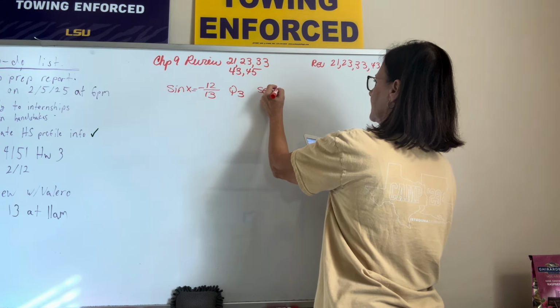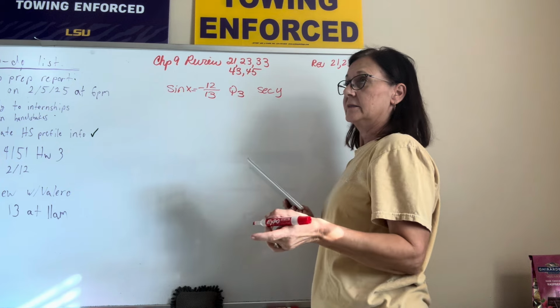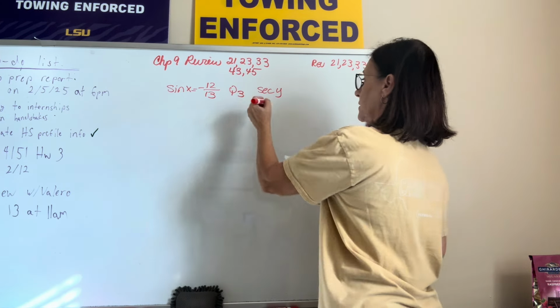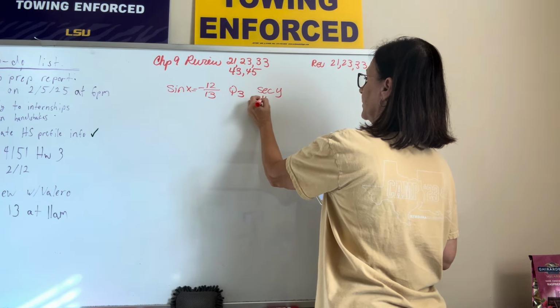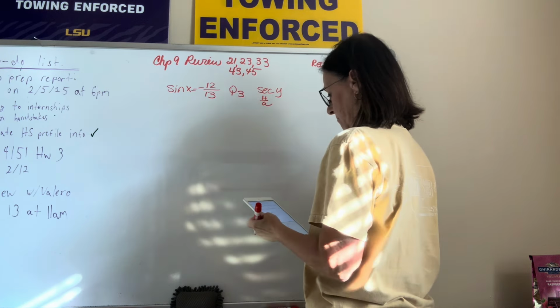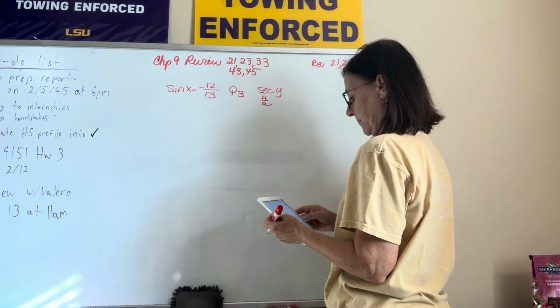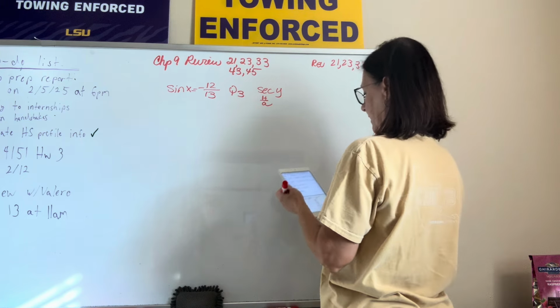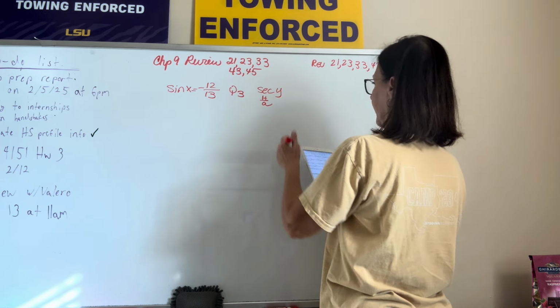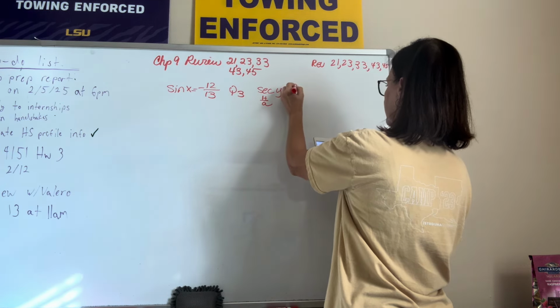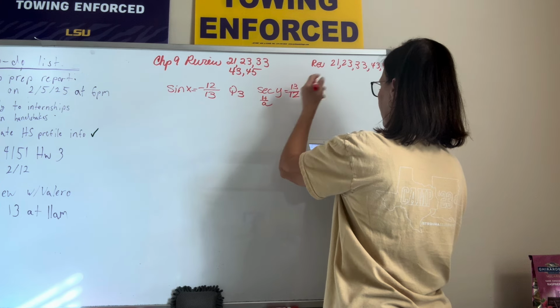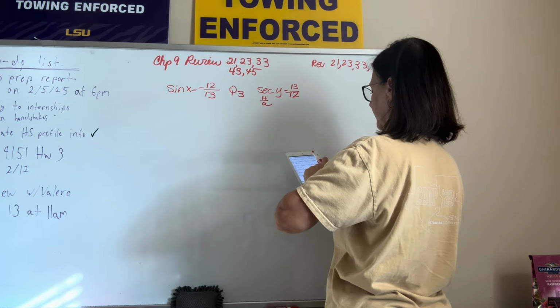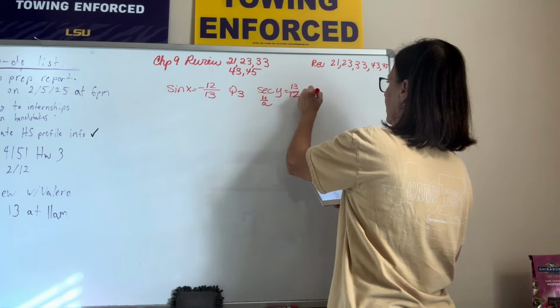The secant of y, that's the inverse of the cosine. So it's going to give me hypotenuse over adjacent. Make sure I'm on the right problem. Secant of y is 13 over 12. What quadrant is it in? It's in quadrant 4.